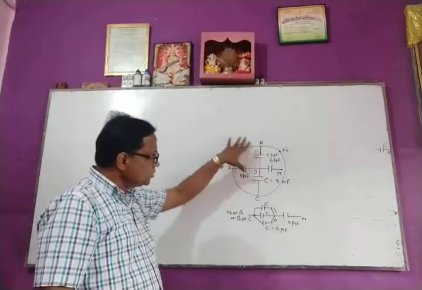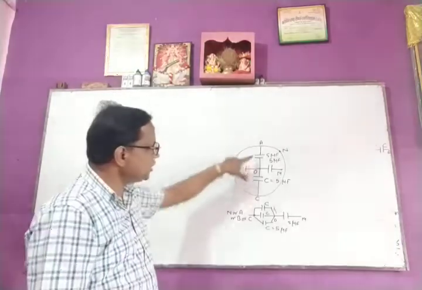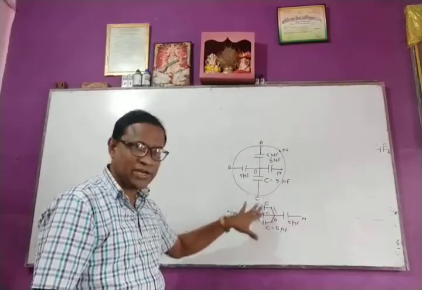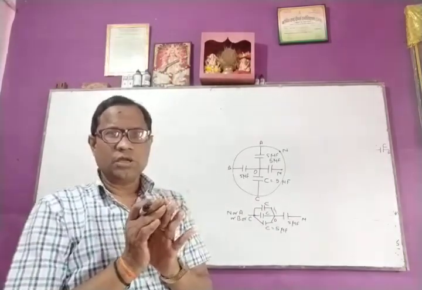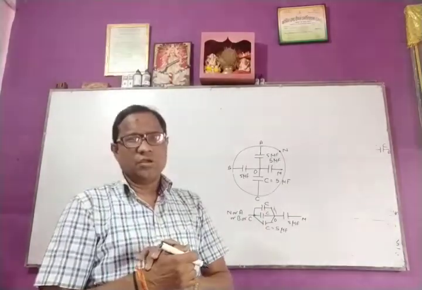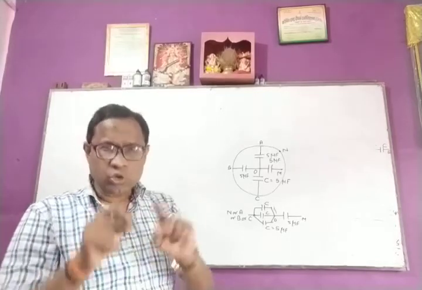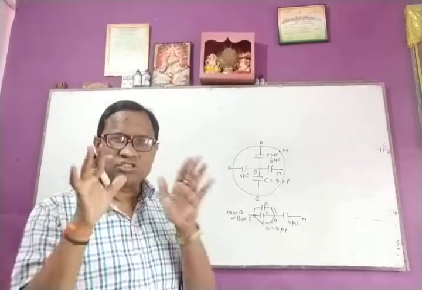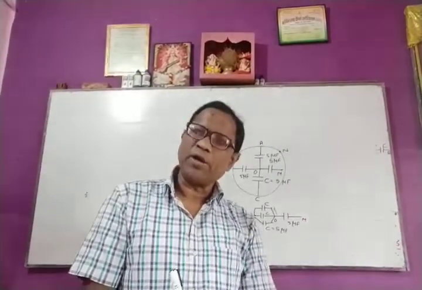So in this arrangement of capacitors, these three capacitors are in parallel because all are connected at different points through a metallic wire. So just treat as a common point.